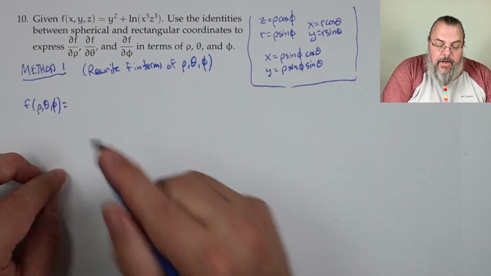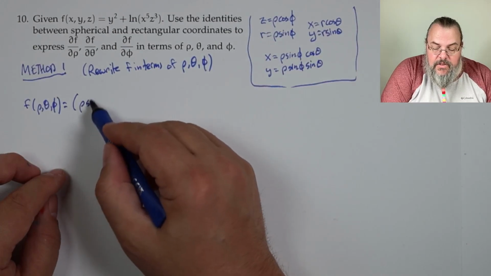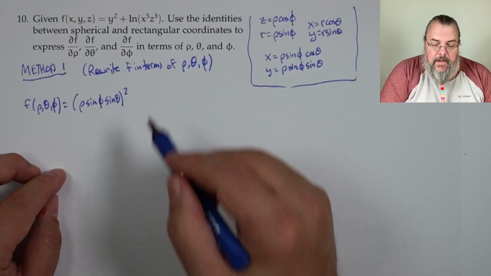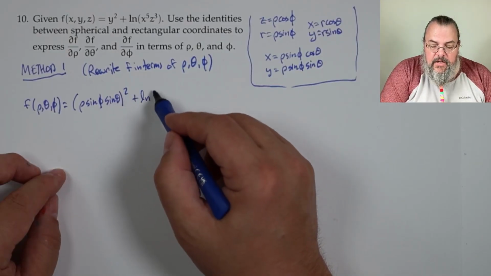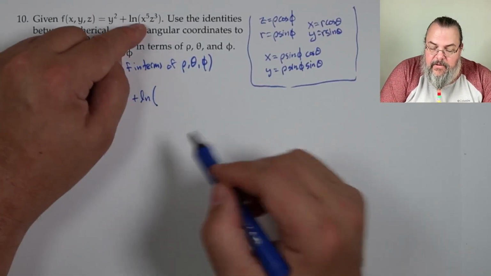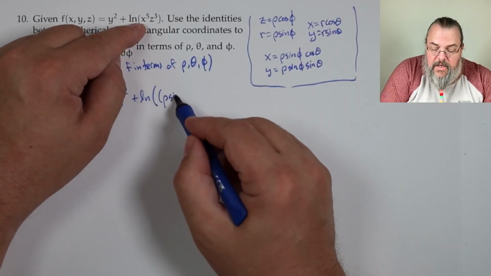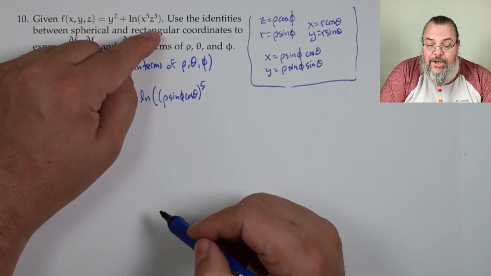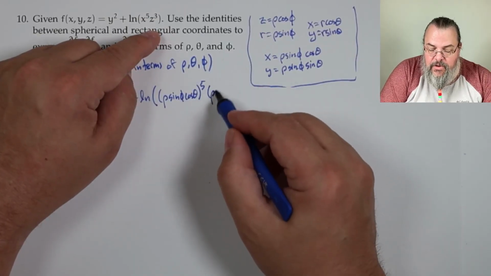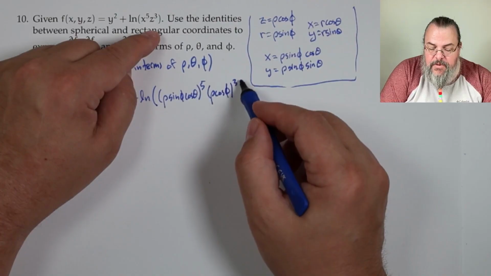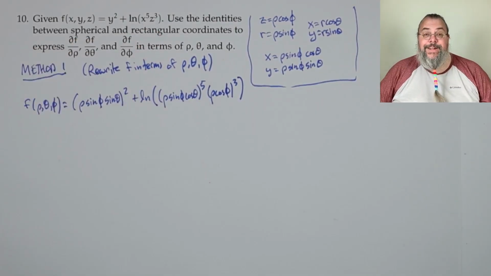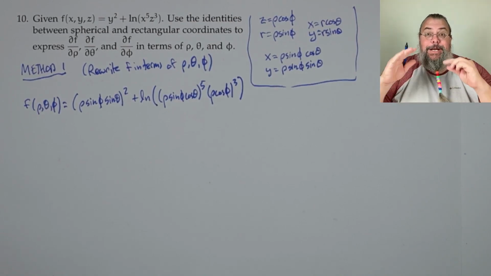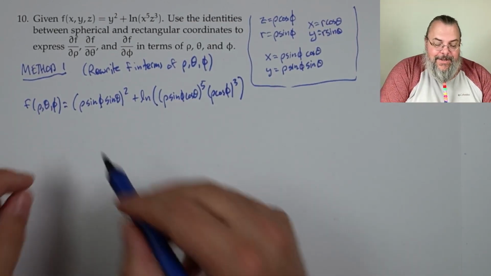So you get y squared, so that's rho sine phi sine theta quantity squared, plus natural log of x to the fifth, so that's rho sine phi cosine theta to the fifth, z cubed, which is rho cosine phi cubed. Now, before you jump in and finish doing it from here, simplify.